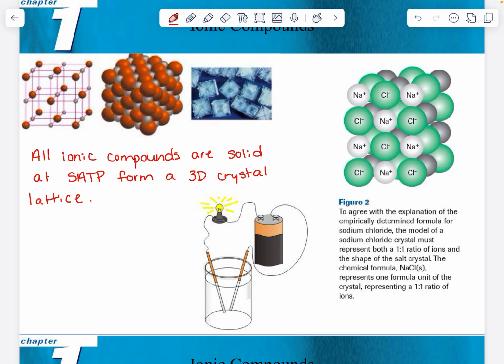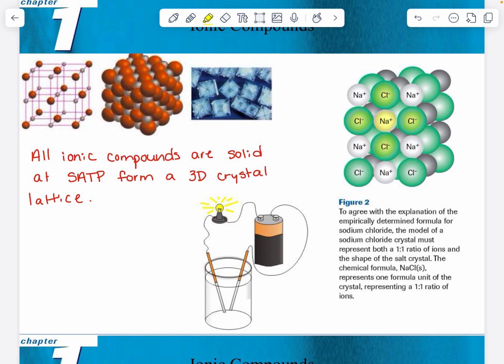So that's what we're seeing in these diagrams here. Because they like to be surrounded with the oppositely charged ion, if we look at the sodium chloride example, and the sodium in the center, it is surrounded on all sides. So it has a negative chloride ion on the top, the bottom, the left, the right. It would be in front and behind.